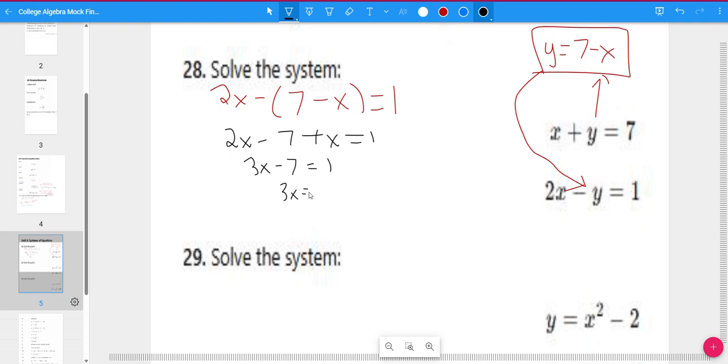This one doesn't work out super pretty, but that's okay. So 8. And then if I divide by 3, x equals, and then I plug in that x value for y here. So I've already got y by itself right here, so let's just plug it in. So y equals 7 minus whatever my x value was. So 8/3.